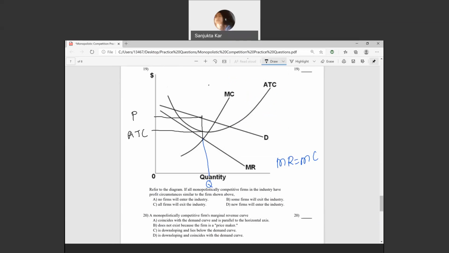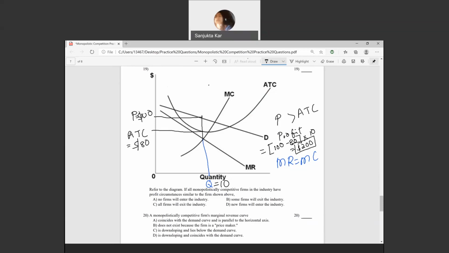Because price is greater than average total cost, let's say the price is 100, average total cost is 80, and output is equal to 10. If price is greater than average total cost, we have a profit. I can also calculate the profit, which is price minus average total cost times output. So I have 20 times 10, which is 200.